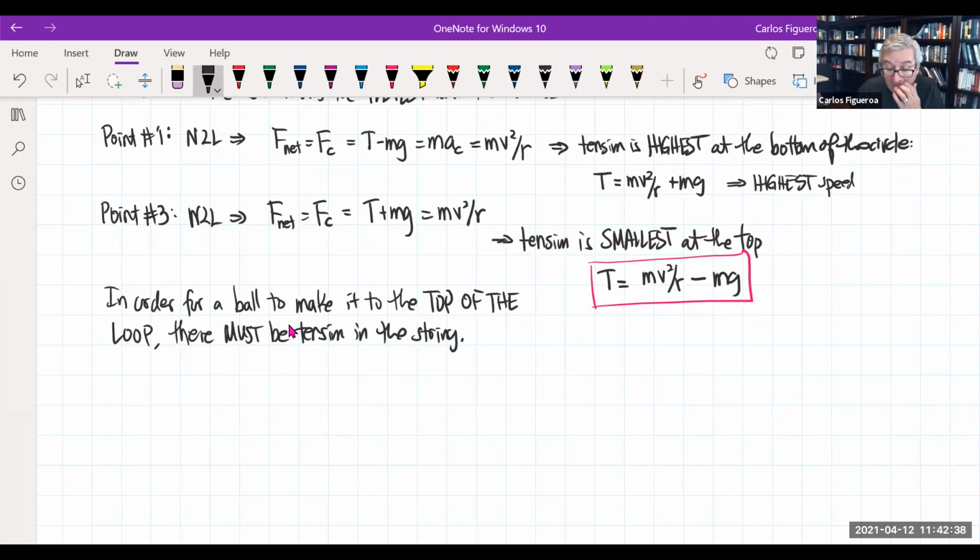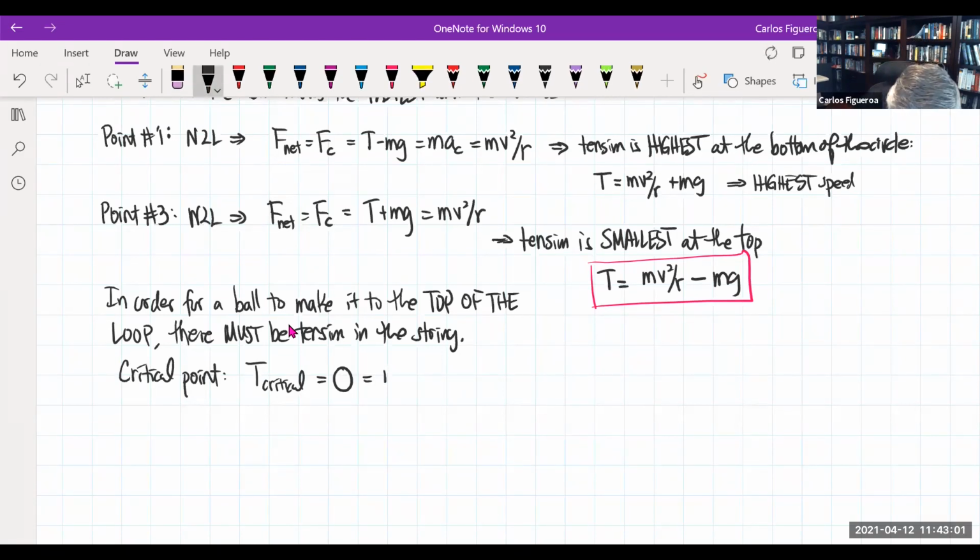That's the only way. And what you're seeing here is that there's a critical point. And this critical point here is that T critical is actually equal to 0. And what it's telling us here is that this is the critical point.